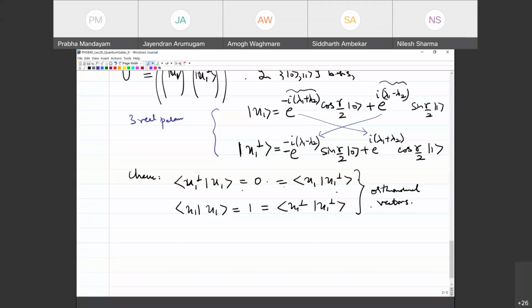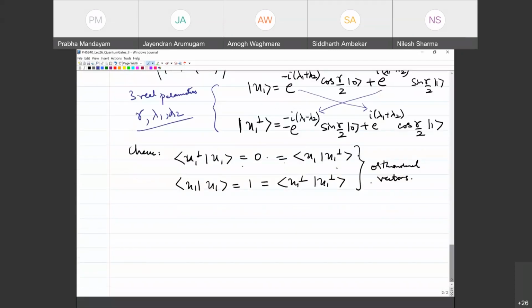So if you think about it, there are 3 real parameters here. There's the gamma, which takes care of the amplitude, and as before, it comes with a cosine and a sine because the norm of the vector is 1. And then there are lambda 1 and lambda 2, which take care of the phase. It's just that, like I said, instead of writing one phase here and one phase here, I'm writing them as a sum and difference. Okay. All right. So now, when you write this out as a matrix, then you already see this form emerging.